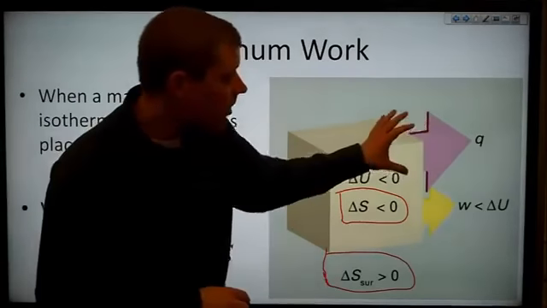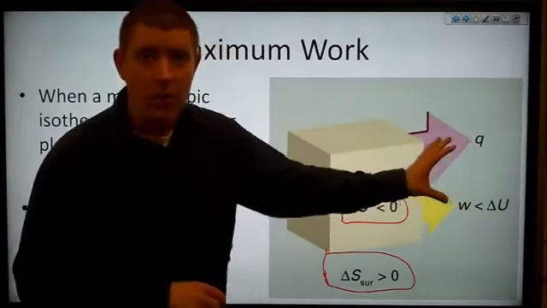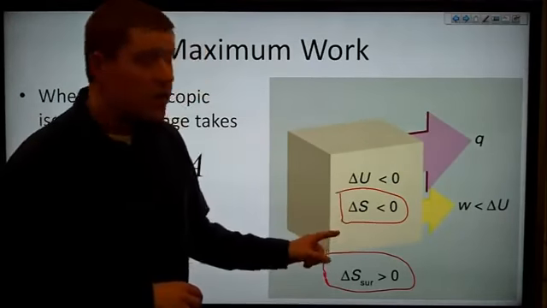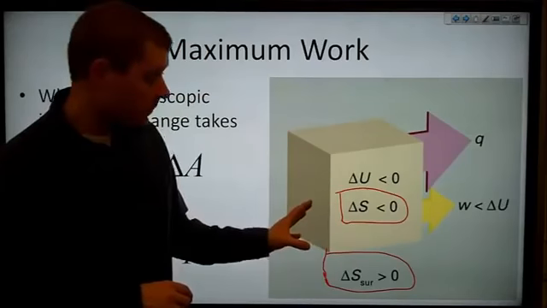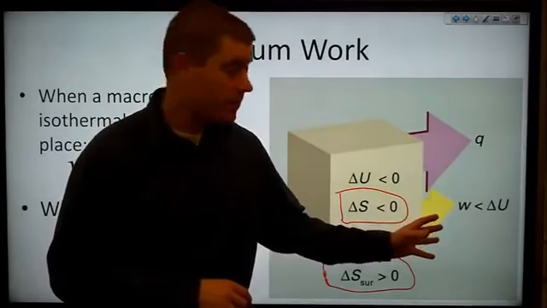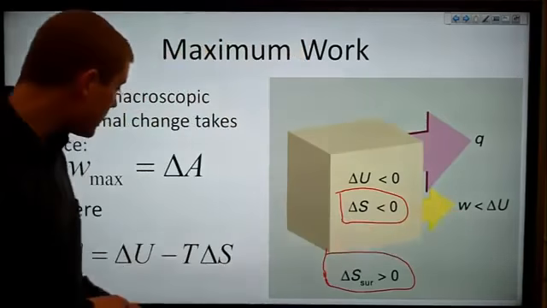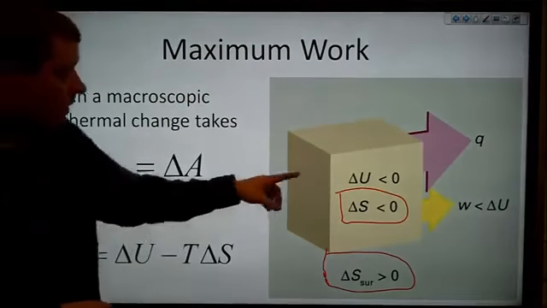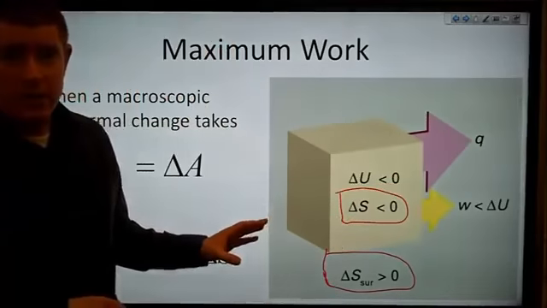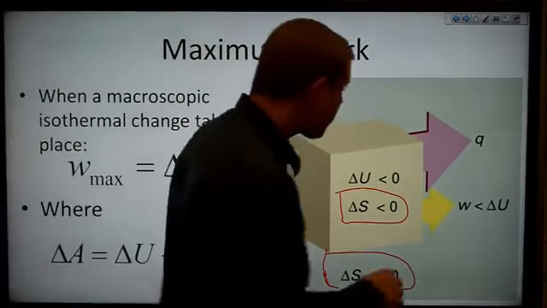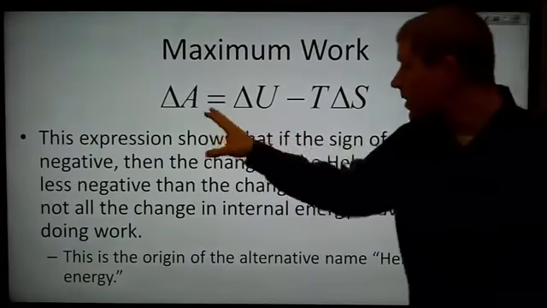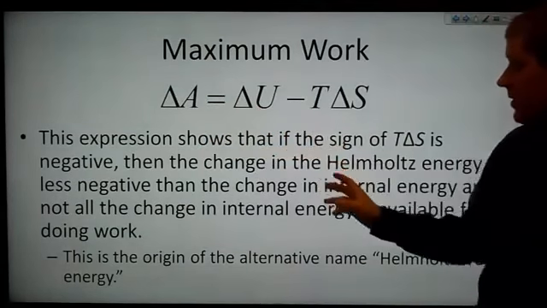And so we've got to have a lot of heat being transferred out of our system into the surroundings to offset this loss of entropy in our system. And so that's what's allowing this work to be done. But note that the work here has to be less than the internal energy change because we're removing some energy as heat. So that's where this expression is coming from.